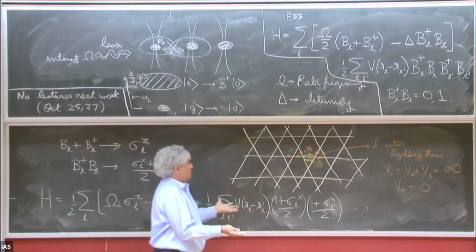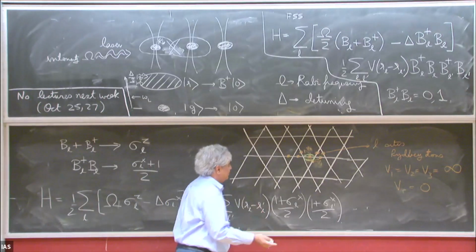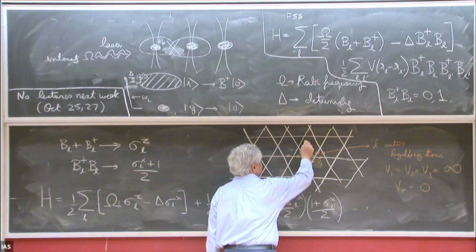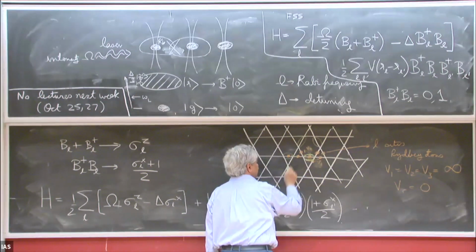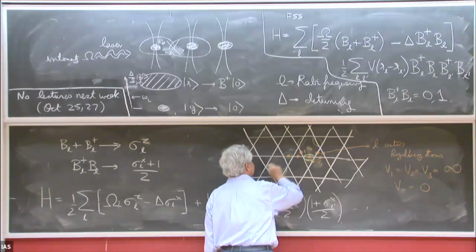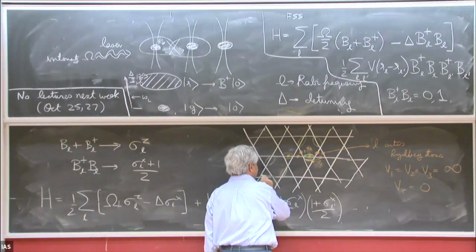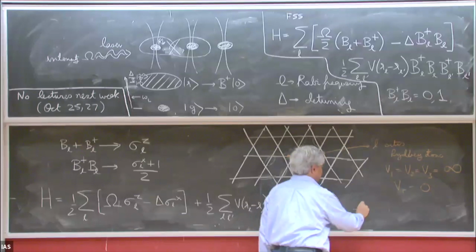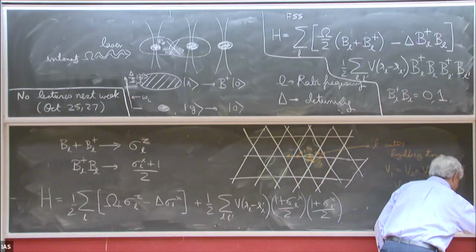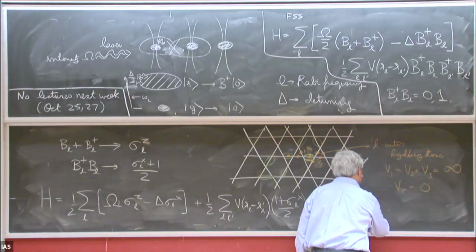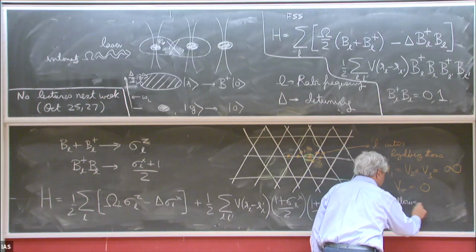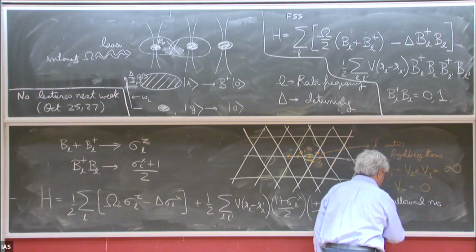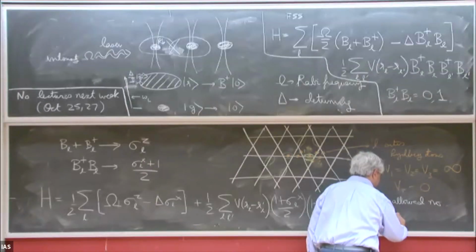So what is the maximum number of Rydberg atoms for this model? Well, it's clearly the dimer packings of the Kagome. There are many different packings that are allowed, and so on. So the maximum allowed number of Rydberg atoms equals dimer packings.